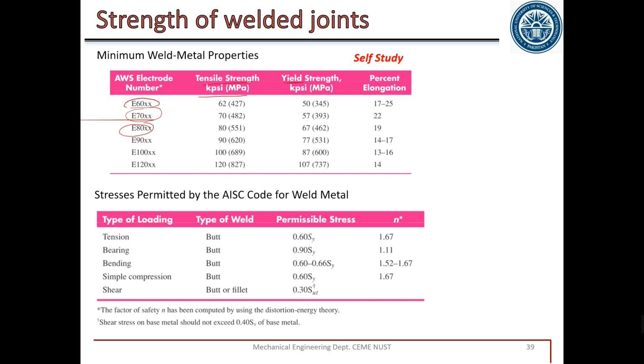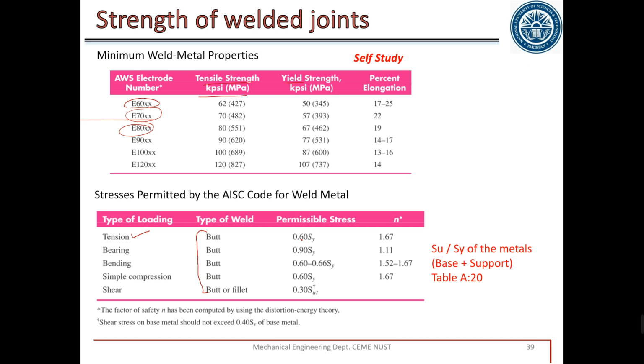Similarly, for example, let's say you have a butt weld. If there is tension, axial loading applied on the butt weld, then just go to table A20. A20 gives you the value of yield strength of the base metal. Just multiply it with 0.6.